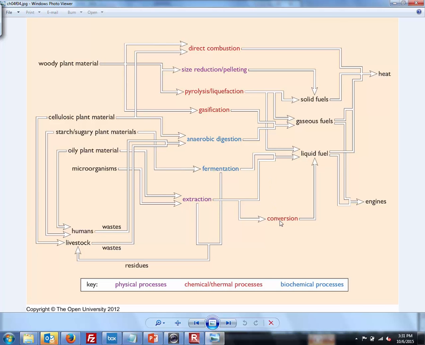In the case of conversion, this is going to be more of a biochemical process. So you see the microorganisms are extracting from any residues that come off, and then the conversion here is going to be a liquid fuel.